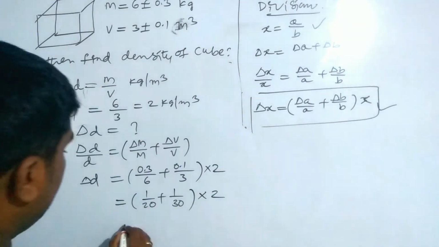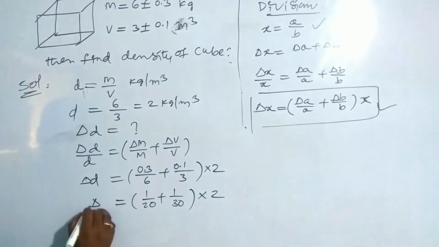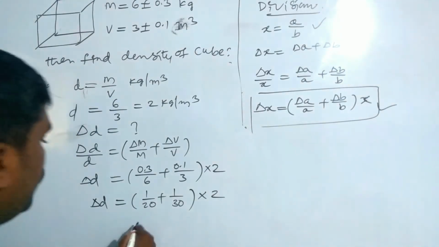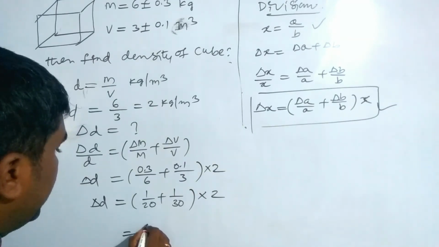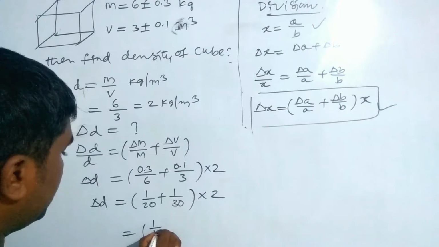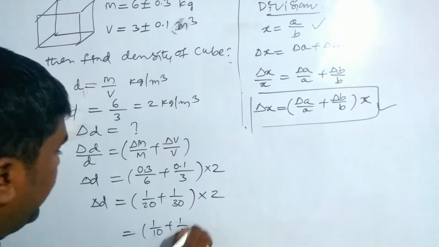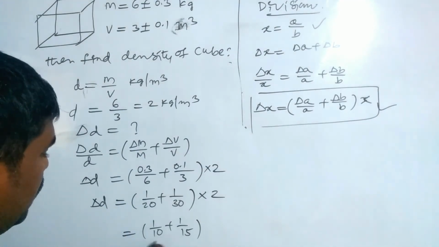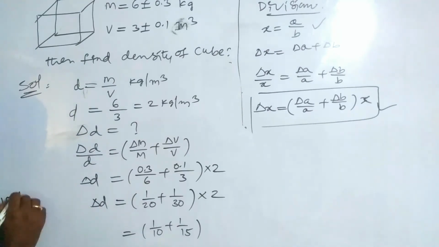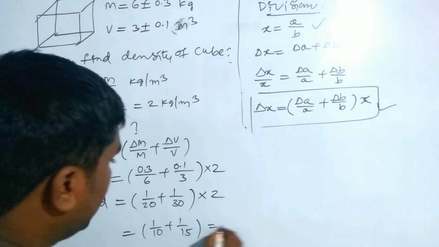So the delta D value is 2 by 20, which is 1 by 10, plus 1 by 15. The 2 is multiplied inside. For 10 and 15, the LCM is 30.